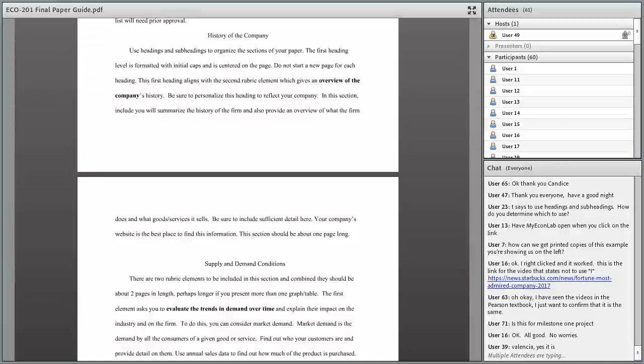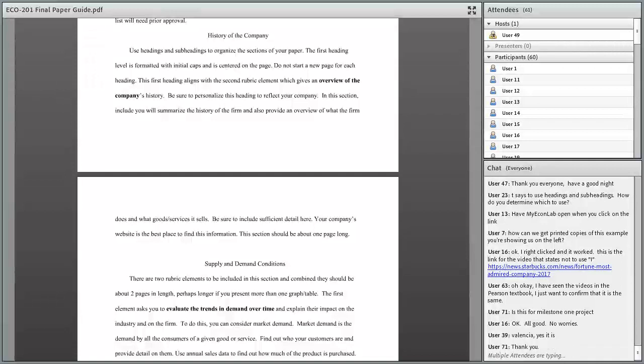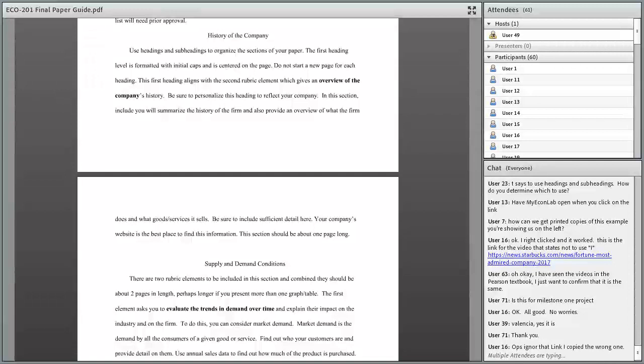The history is not an economic perspective of the company, it's literally a description of the company and its history, like you would be writing a biography of a person, just of a company. Oh, you're welcome.